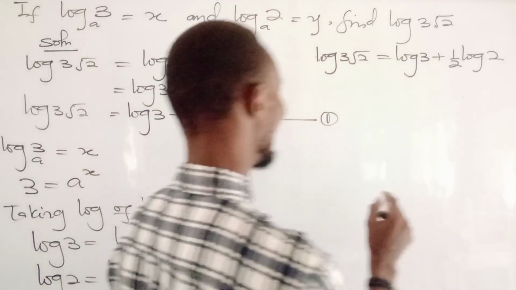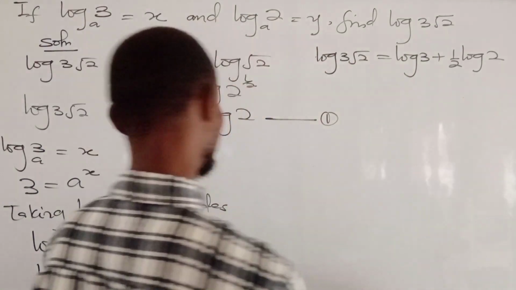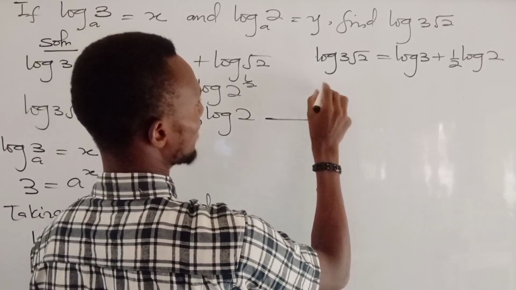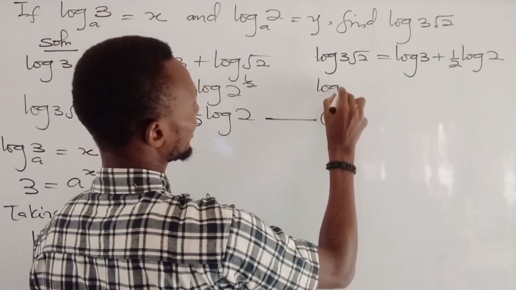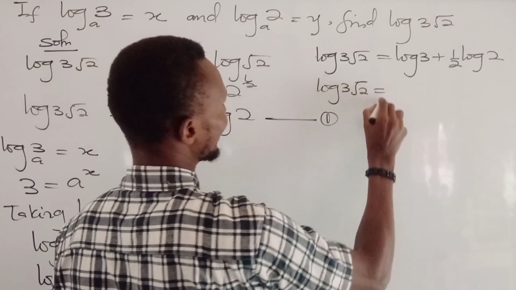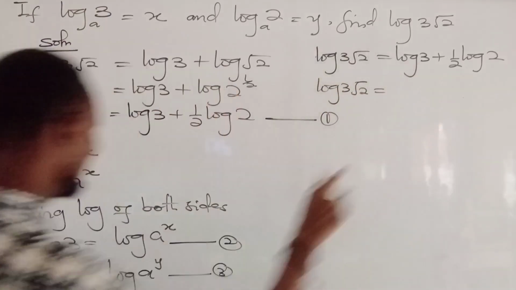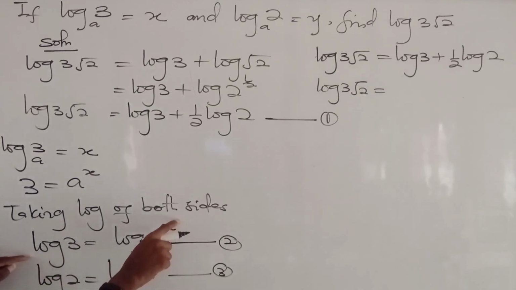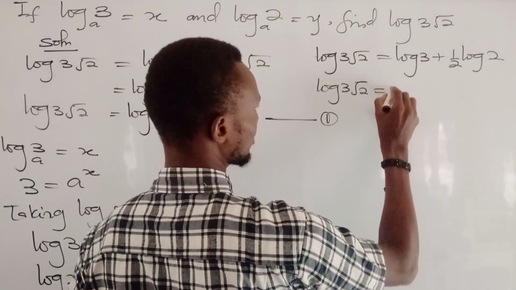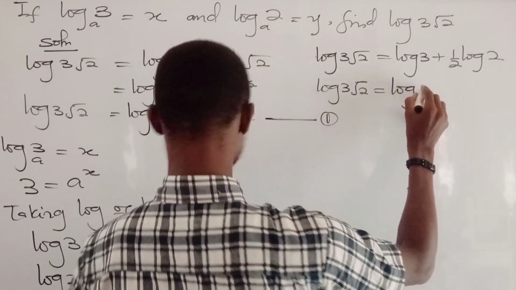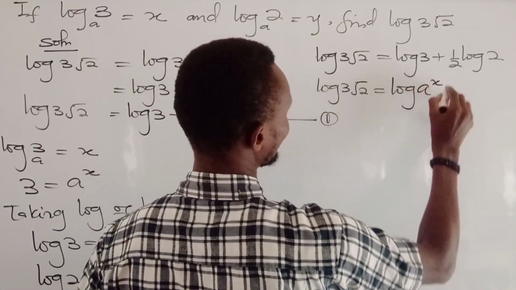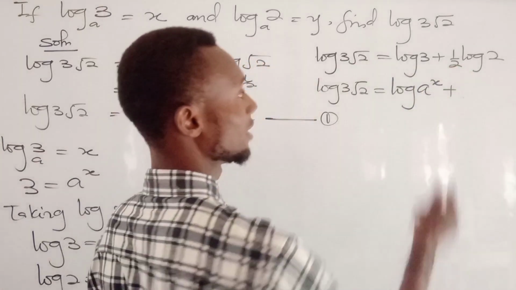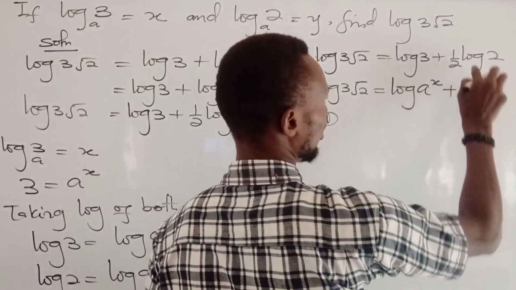Okay, so let's go ahead. I've already written putting equation 2 and 3 into equation 1. So now I'm going to have my log 3 root 2 equal to, I'm seeing log 3 here, and the value for log 3 is log of a to the power s. So I'll put it there. Then you repeat your plus sign, then I have half log 2.